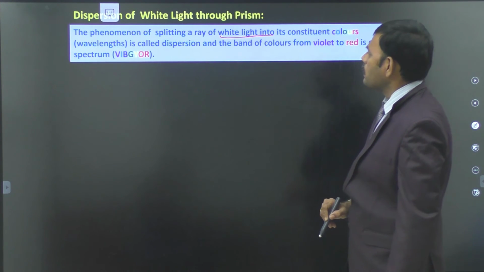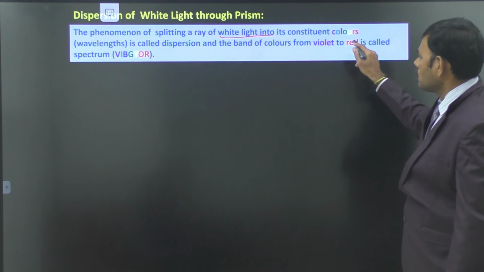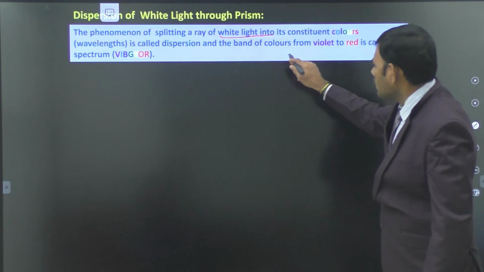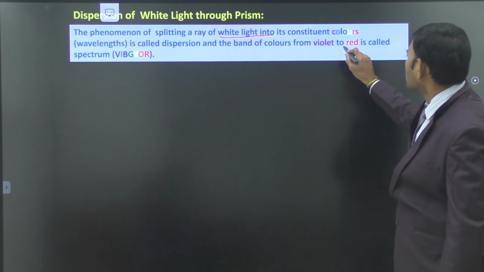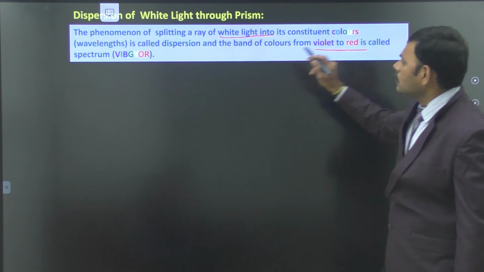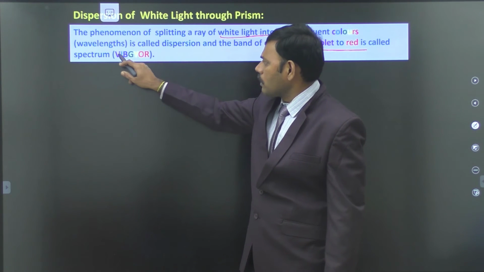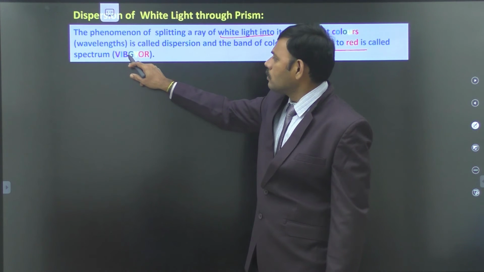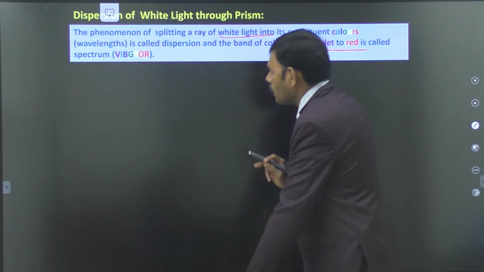In white light the band of colors extends from violet to red. Here you are also observing the letters with the same colors: violet, indigo, blue, green, yellow, orange, red, called VIBGYOR.